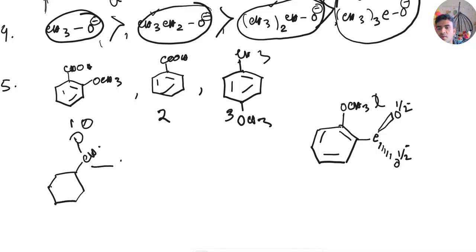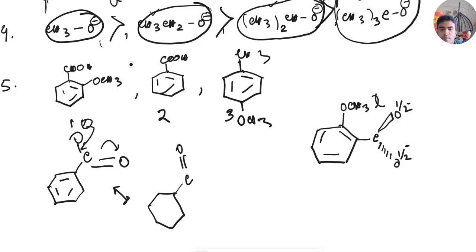So this is the conjugate base. It will have equivalent resonating structures, so the negative charge at the carboxylate ion will be equally distributed between these 2 oxygens. So the resonance hybrid will be like this.